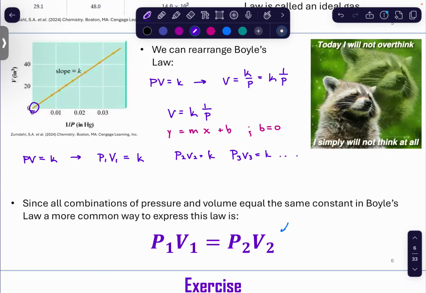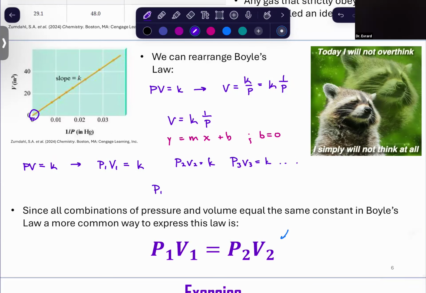If they all equal K, then you could say that pressure 1 times volume 1, condition 1, equals condition 2.